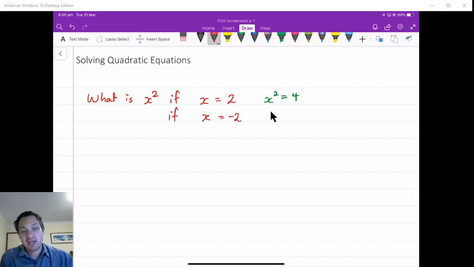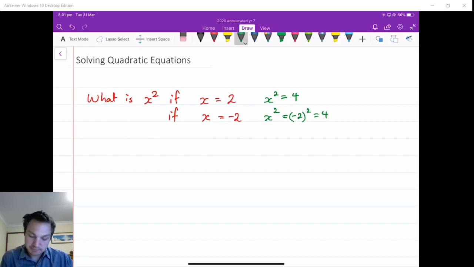Well, x squared is now -2 squared, and -2 times -2 is also 4. So when I'm solving this problem, I get two answers.